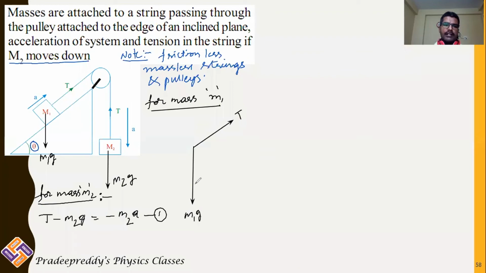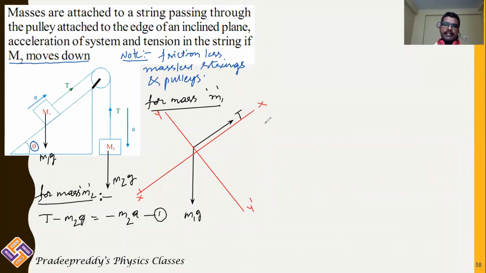These two are neither along the x-axis nor along the y-axis. So what you will do is consider this plane as the xy plane. I will consider this as x and this as y. Okay, let me take this as x dash, and this as y dash.